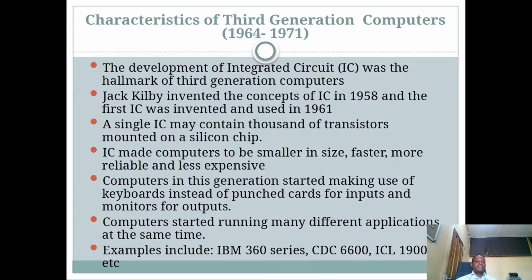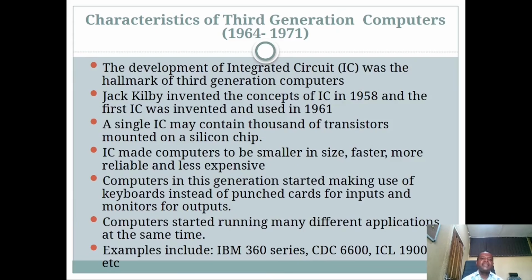Now this IC was invented in 1958 by Jack Kilby. In fact, Jack Kilby invented the concept of IC in 1958, and the first IC was invented and used in 1961.